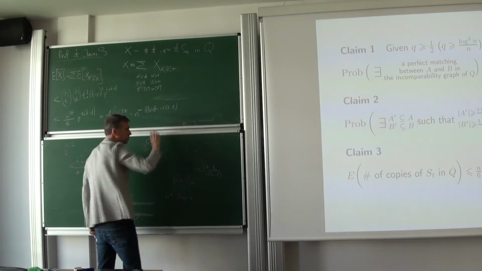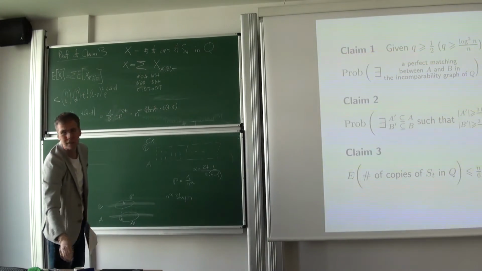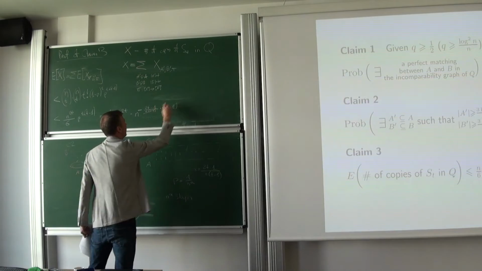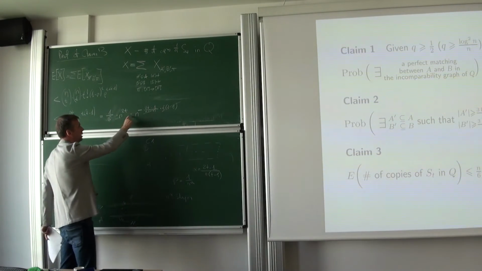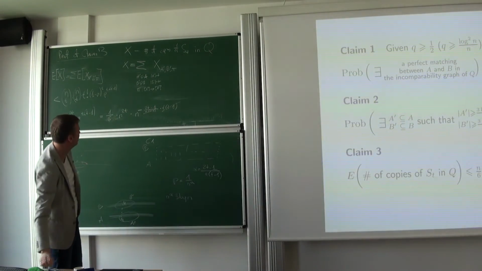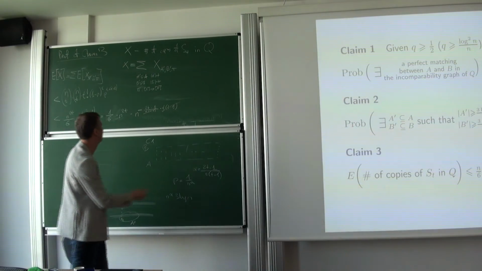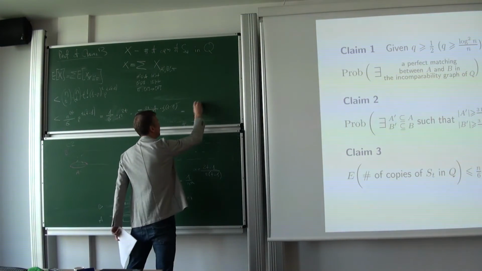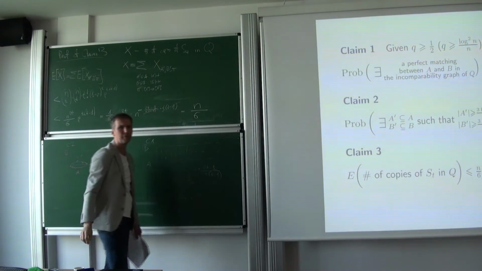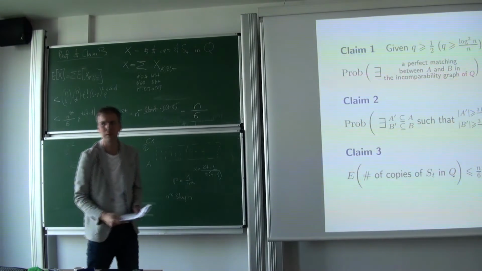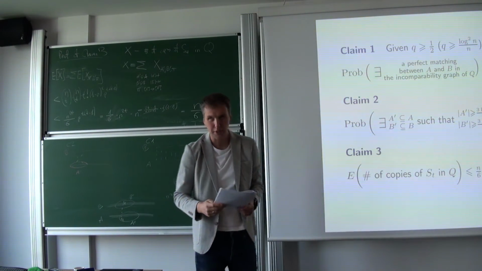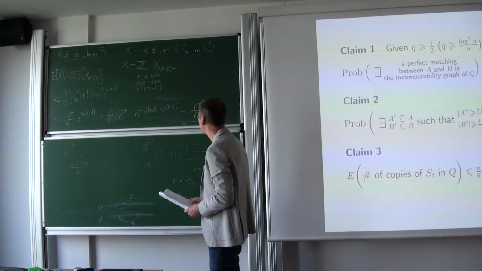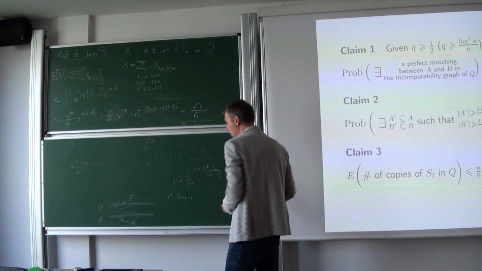So you see, this was exactly chosen to cancel out here. So we have n to the 2t times n to the minus 2t. Very good. So that's claim 3 proven.